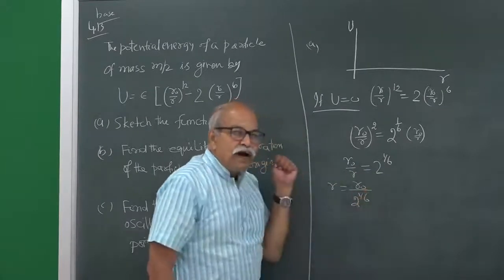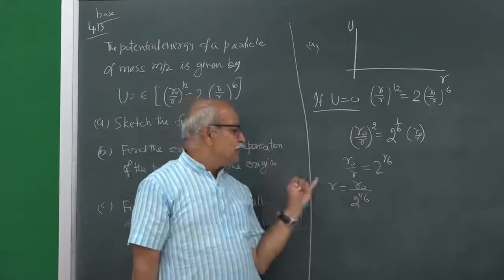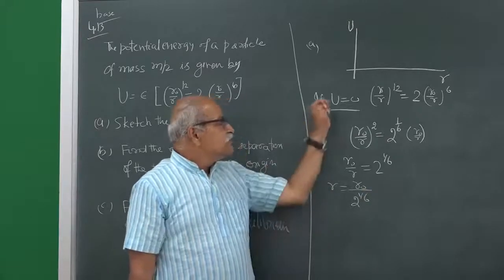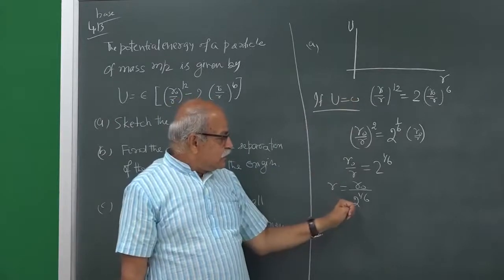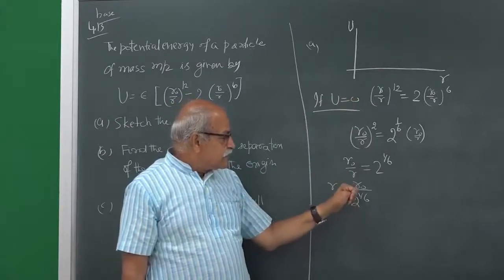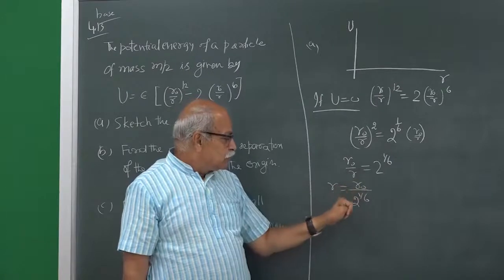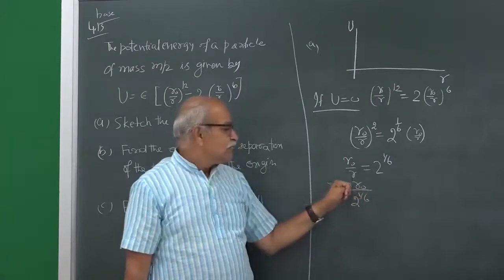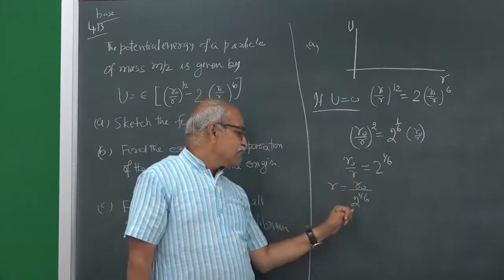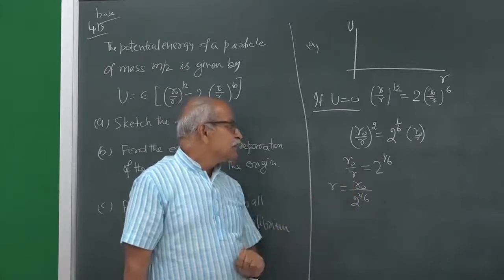So, you get only one value of r where u is 0, and that value is slightly less than r naught, because 2 to the power 1 by 6 is more than 1. You are dividing by a quantity which is more than 1, so this will be smaller than r naught.